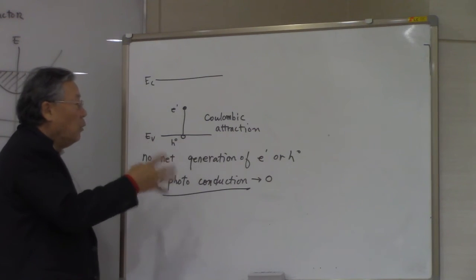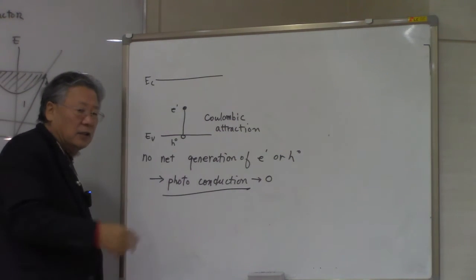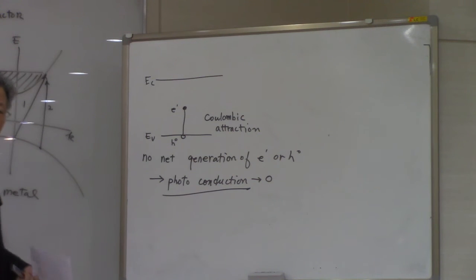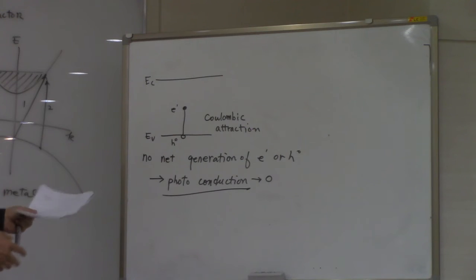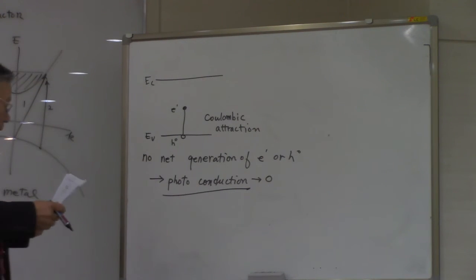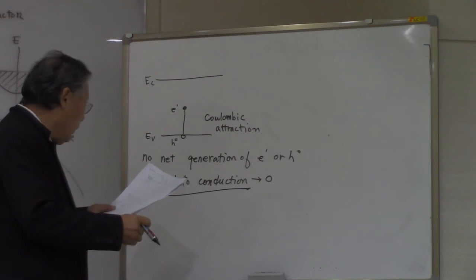So there are three ways for these excitons to move after the absorption of light. One, diffuse away. Second, it can recombine. And thirdly, it can be ionized to create electrons and holes in the conduction band and the valence band. It has a choice. But most of the excitons are going to recombine after a certain lifetime.